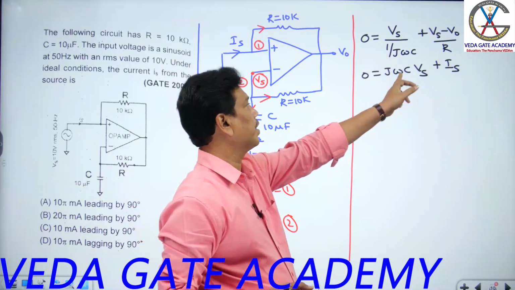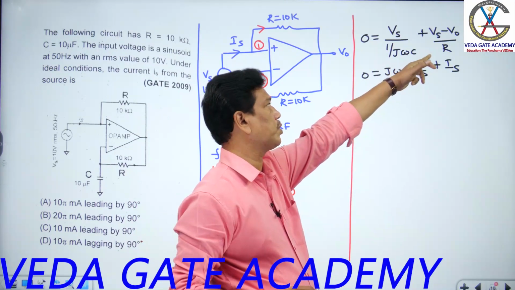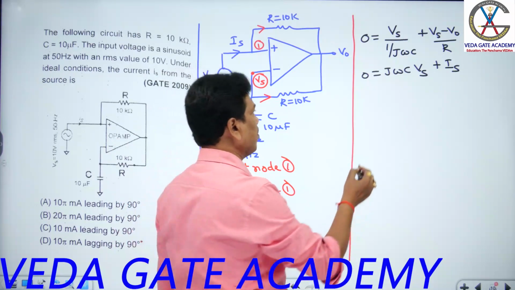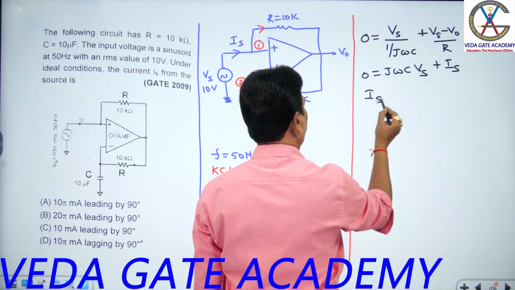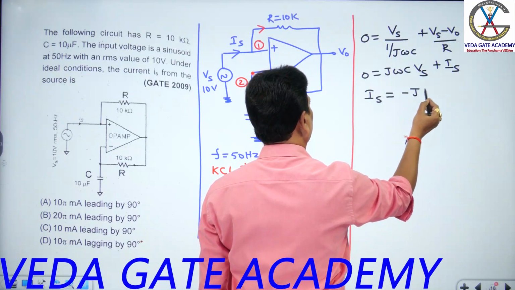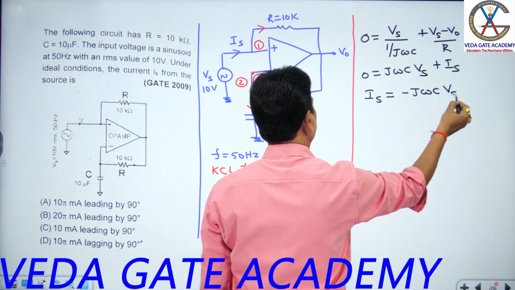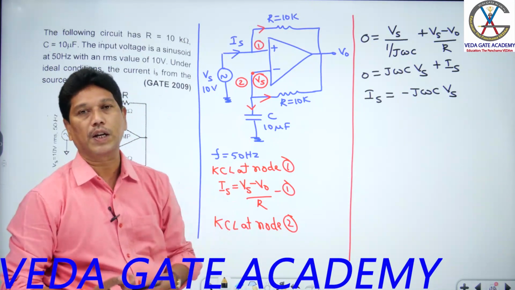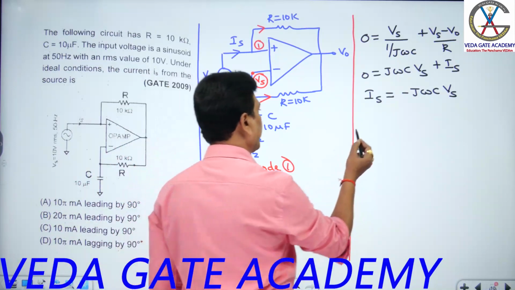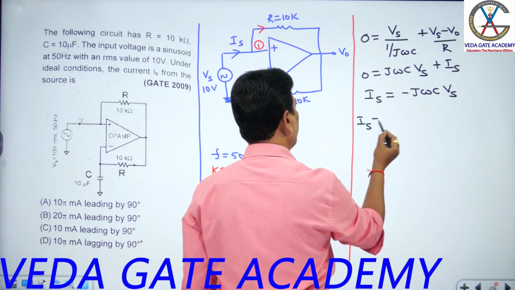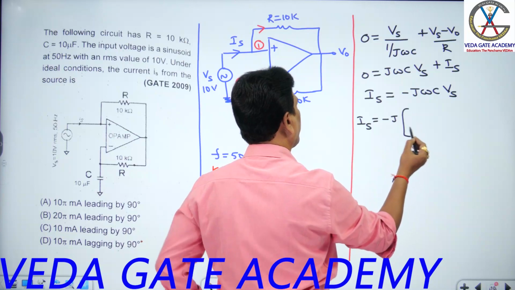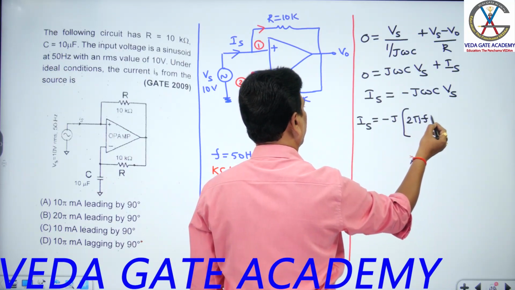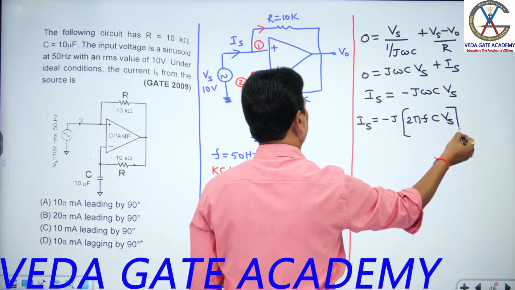So Vs into j omega C is written, and Vs minus V0 by R is written as Is. Now Is equal to minus j omega C into Vs. So substitute everything, you may get that corresponding current, students. Is equal to minus j omega, meaning 2 pi f C into Vs ampere.